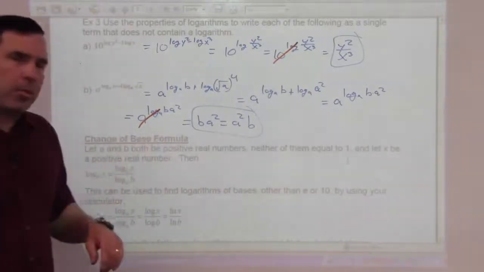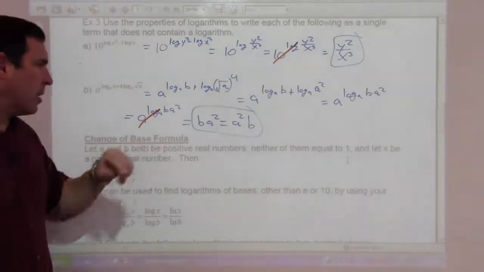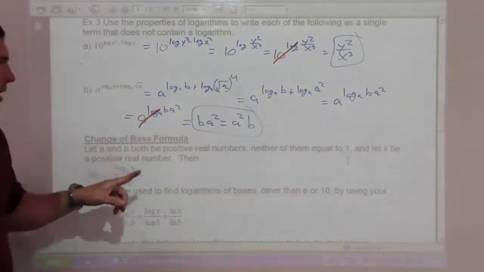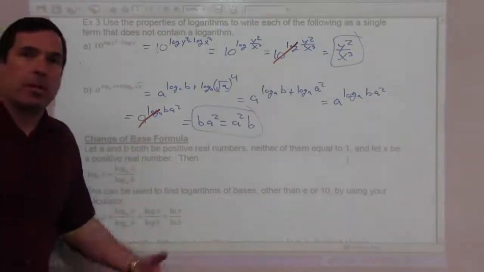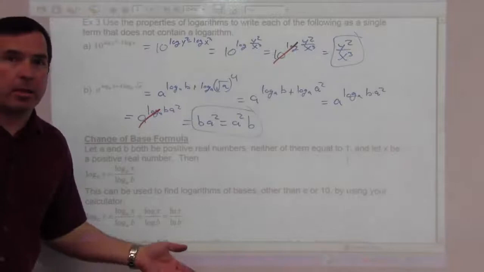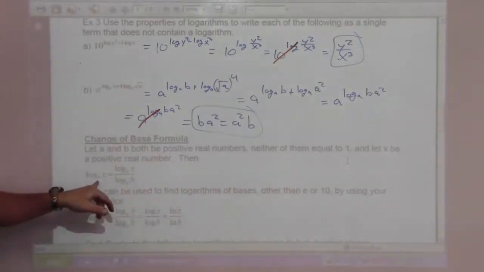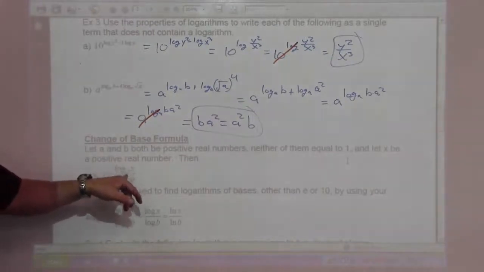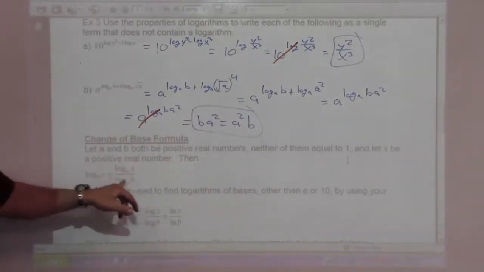Okay, the change of base formula says let a and b both be positive real numbers, neither of them equal to 1, and let x be a positive real number. So this is how you would find like log base 2 of something. Well, it's not in the calculator. So this is how you can do it. You could change the base. So log base b of x would be log base a of x over log base a of b. So there's the b right there.